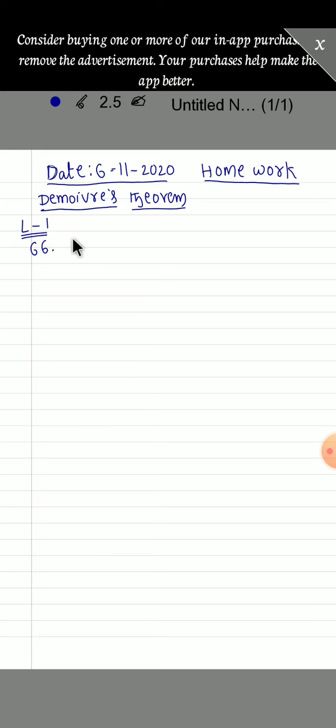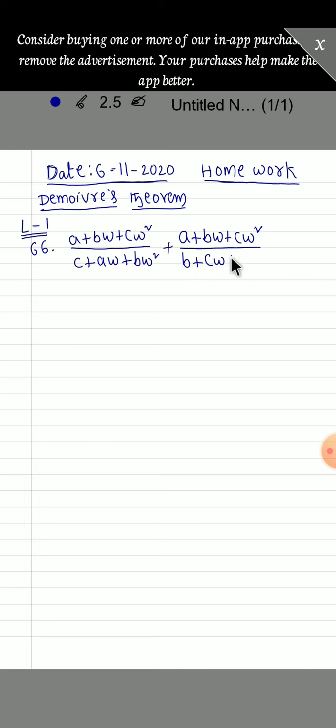(A plus B omega plus C omega square) divided by (C plus A omega plus B omega square) plus (A plus B omega plus C omega square) divided by (B plus C omega plus A omega square) is equal to. So here we have to find the value.